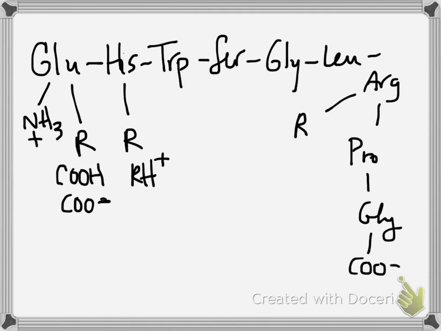That goes for the same with arginine. Neutral deprotonated, positive charge protonated. And over here we've got our C-terminal end. I did forget to look at the N-terminal end as well. So those are all our groups.